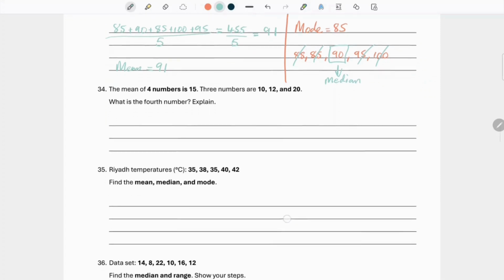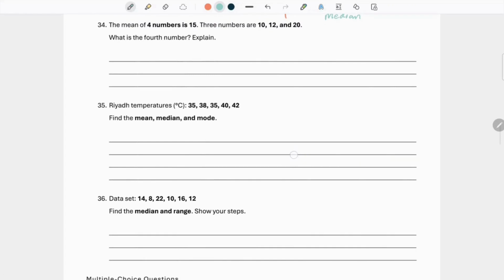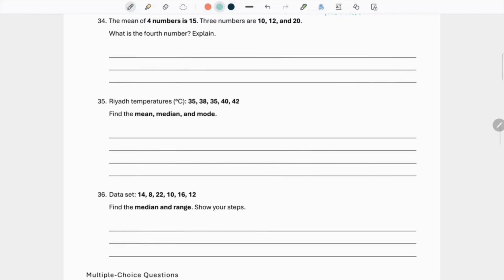Now let's move on to question 34. Question 34 is a question that requires some thinking. Now, we know that the sum of the values divided by how many there are equals a mean. So it's the mean of 4 numbers is 15. 3 numbers are 10, 12, and 20.